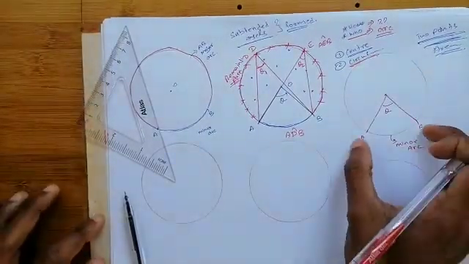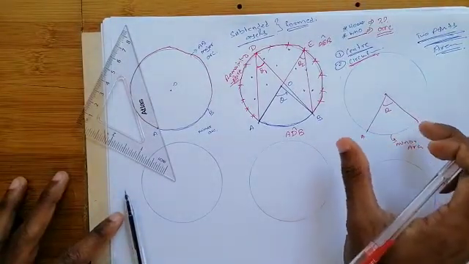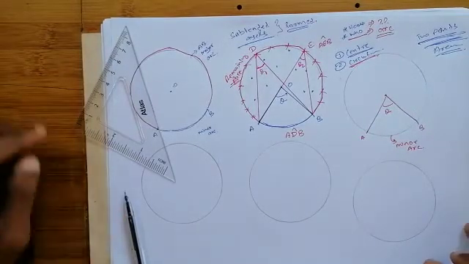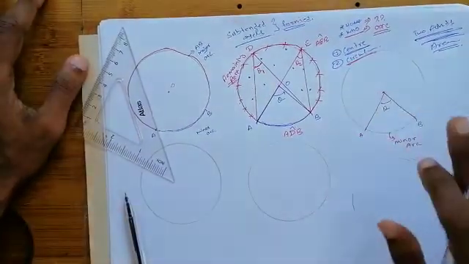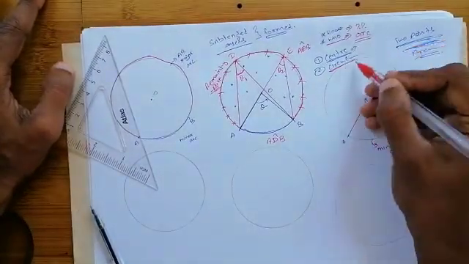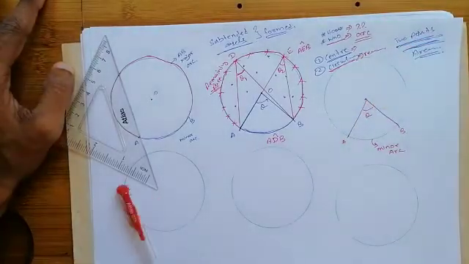We discussed that we have two points only, and two areas to subtend an angle: one is the center, and one is the circumference, the remaining portion of the circle.